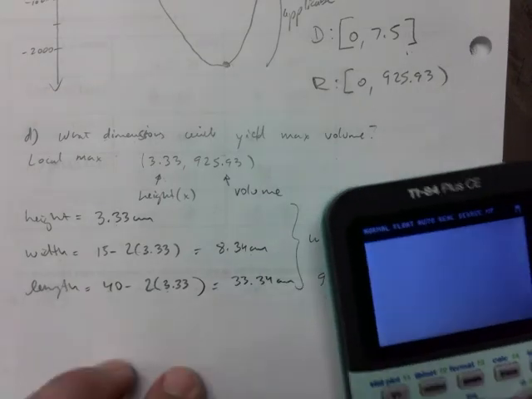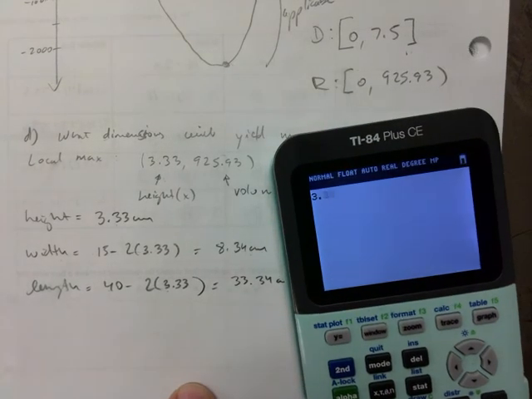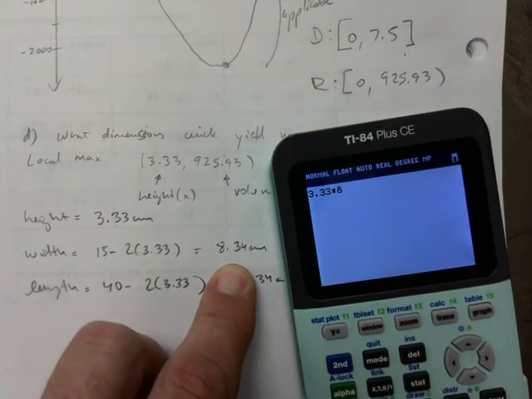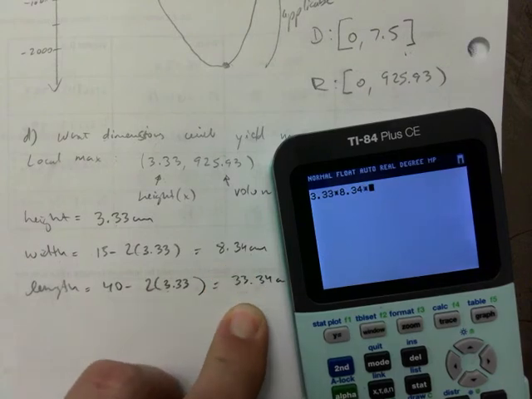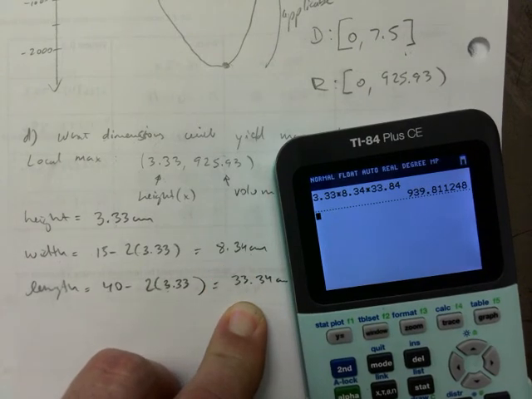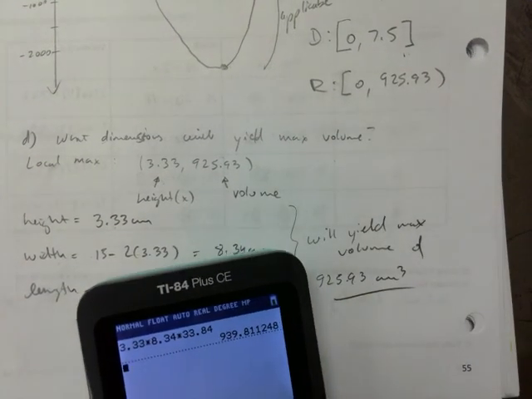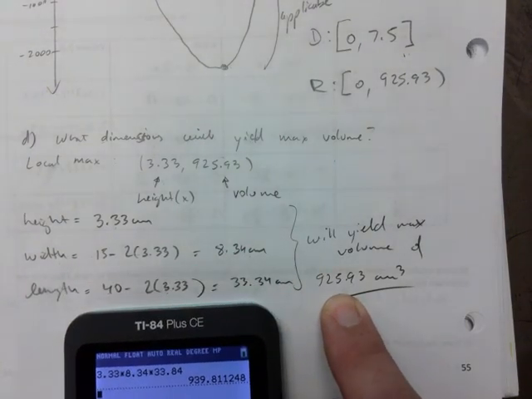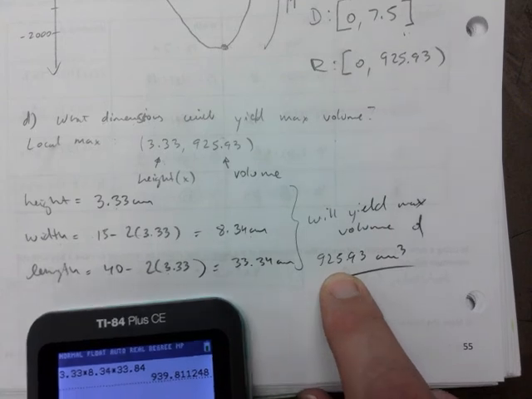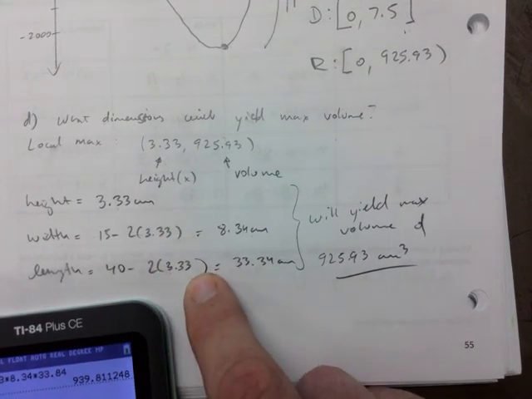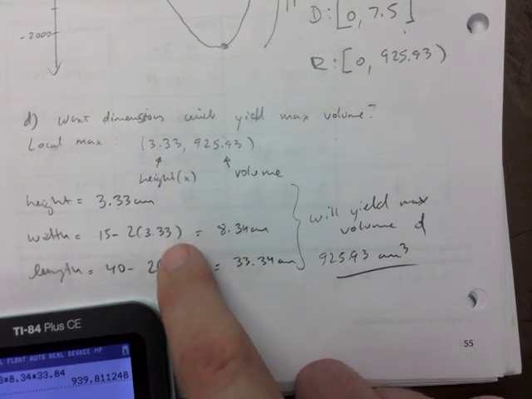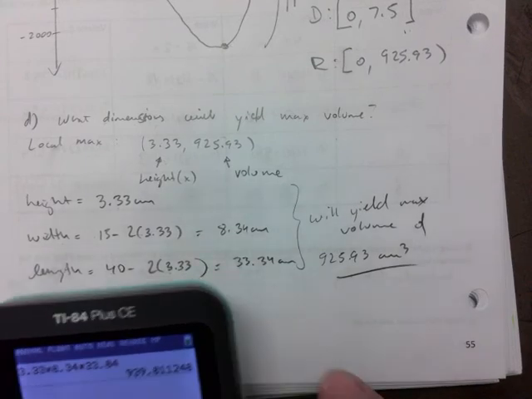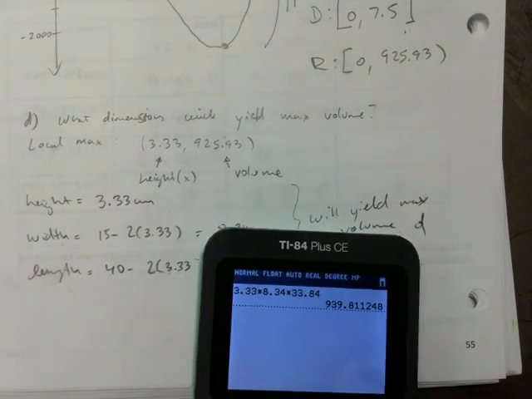And really, in theory, you should be able to multiply all three and get roughly that answer. We're not quite getting it, and that has to do with the decimals. If you use more decimals in every single scenario, it would work out to be very close to that, okay?